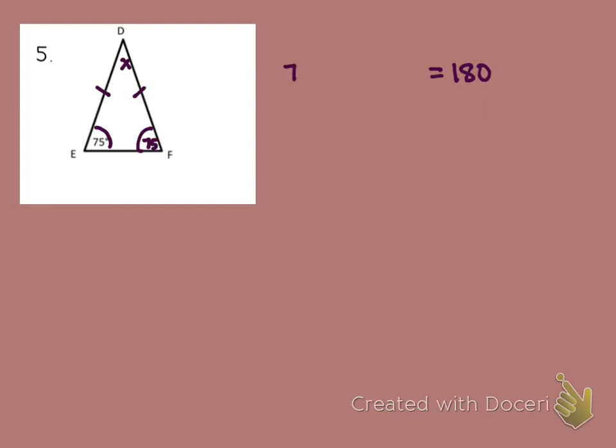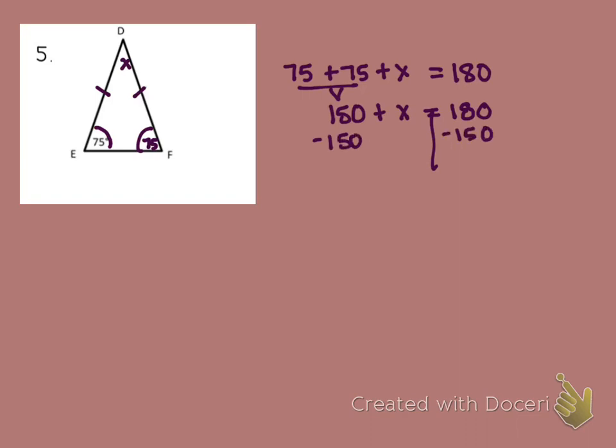So we have 75 plus 75 plus X equals 180 degrees. Again, your first step would be to add the two numbers together, which is 150 plus X equals 180. Then, since this is a plus 150, we're going to subtract 150 from both sides and get that X equals 30 degrees.